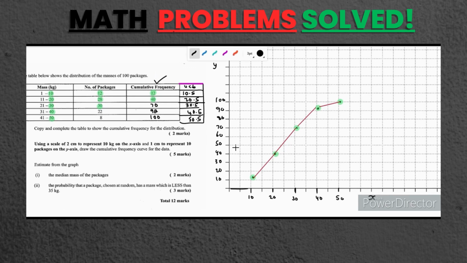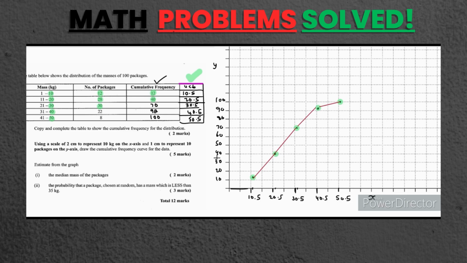So on the x-axis actually we will write the upper class boundaries, right? So we have to write it somewhere here, a point here, because it's 10.5, right? And then here 20.5, then here 30.5, then 40.5, then 50.5.